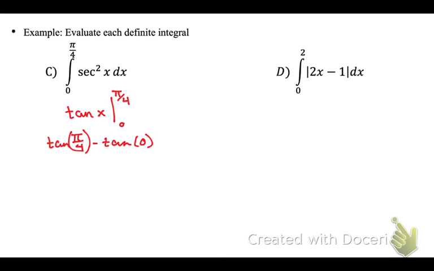Tangent's y over x, right? And pi over 4 is 45, so y and x are the same. So it's 1. What's the tangent at 0? 0. So the answer is 1.